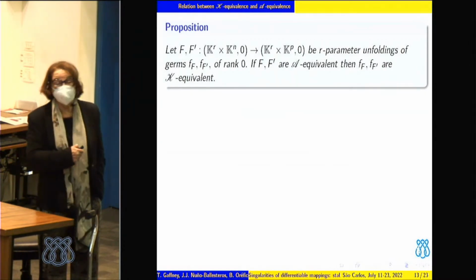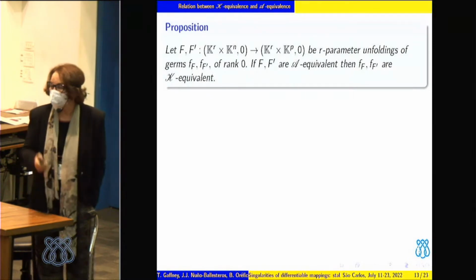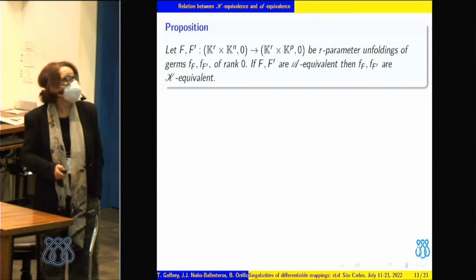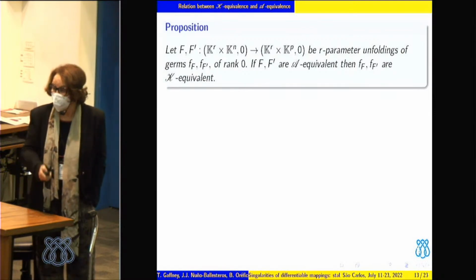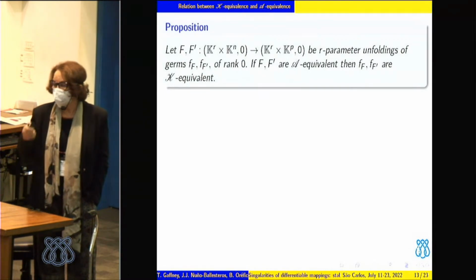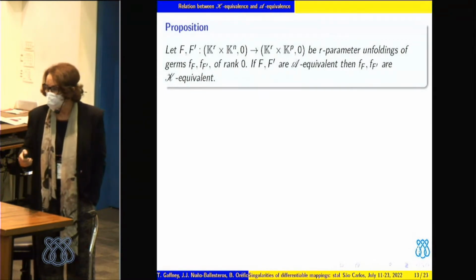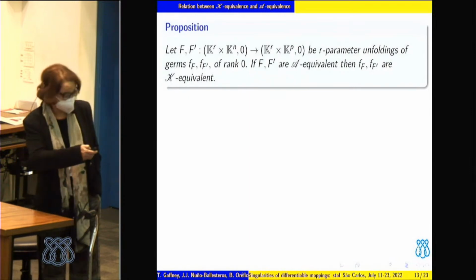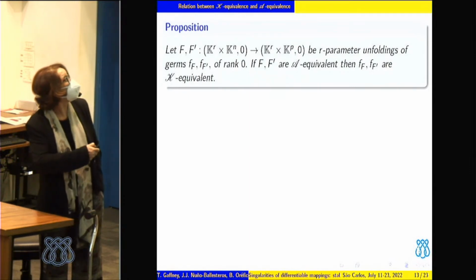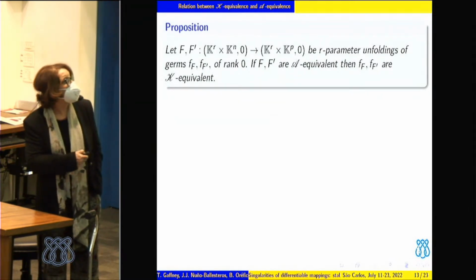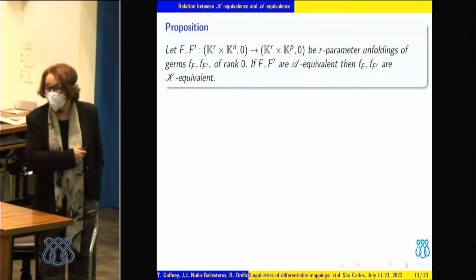It says, suppose that you have two germs of rank R, F and F prime, and then you have little f_F and little f_F prime, which are the rank 0 germs unfolded by them. This result says that if F and F prime are A equivalent, then little f and little f prime are K equivalent.